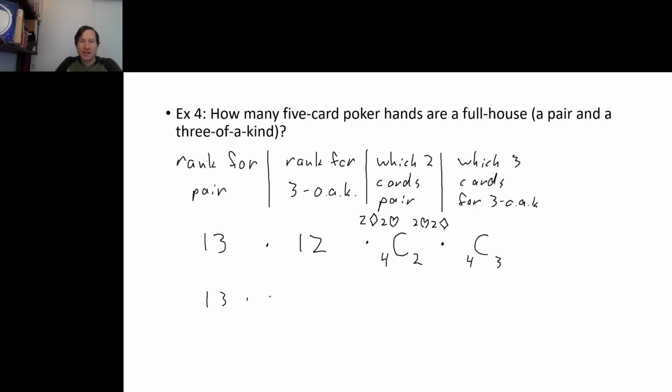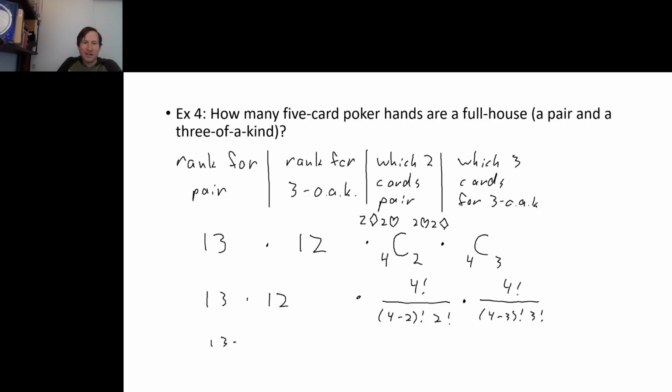So 13 times 12 times 4 choose 2, that's 4 factorial over 4 minus 2 factorial times 2 factorial, times 4 choose 3, that's 4 factorial over 4 minus 3 factorial times 3 factorial.